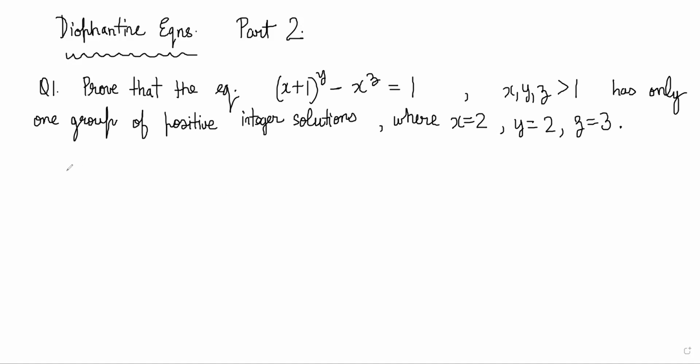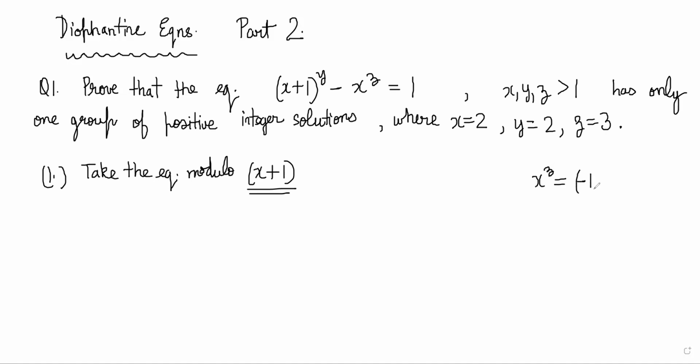Okay. So let's start by looking at the equation and take the equation modulo x plus 1. We are taking modulo x plus 1 in the equation. So obviously (x+1)^y is 0 mod x plus 1. And if you think about it, x^z is equal to (-1)^z modulo x plus 1.